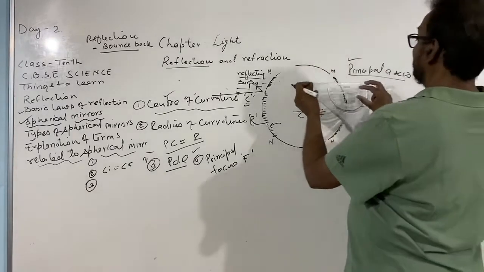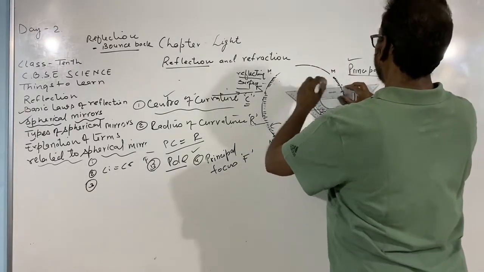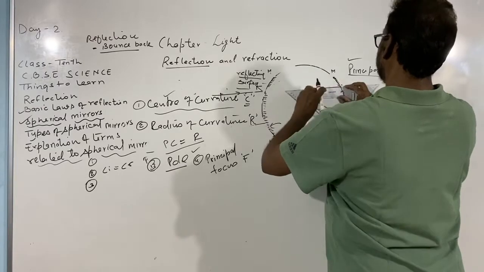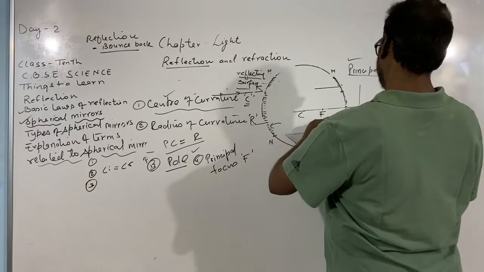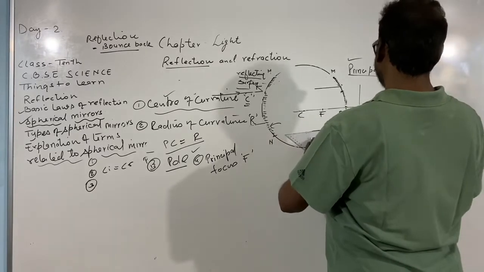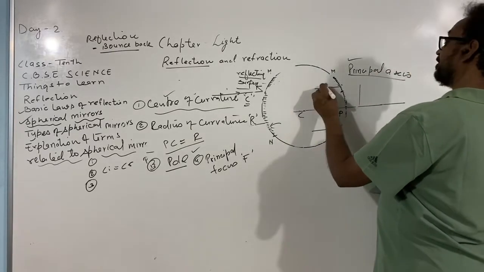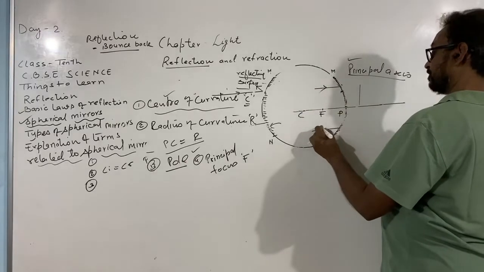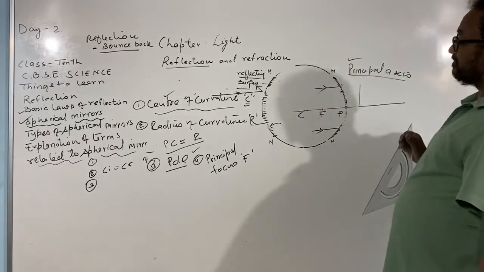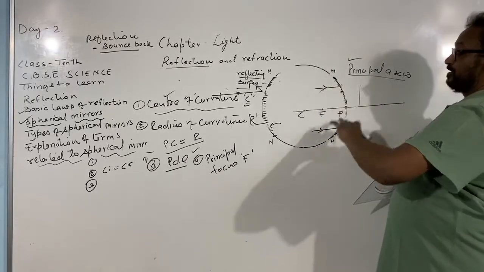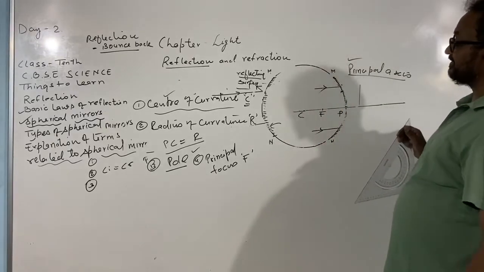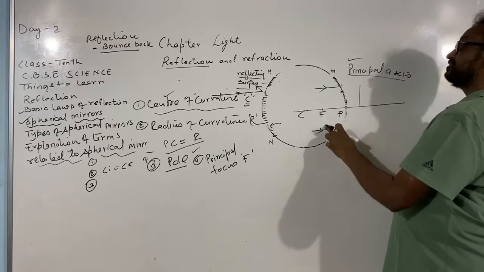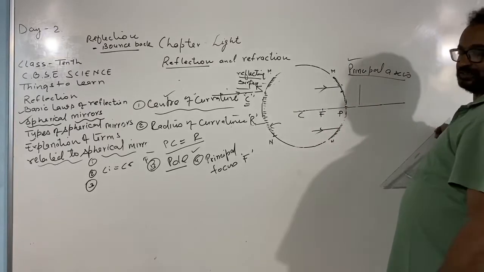Now consider two rays of light incident on the spherical mirror, that is the concave mirror, such that they are parallel to the principal axis.